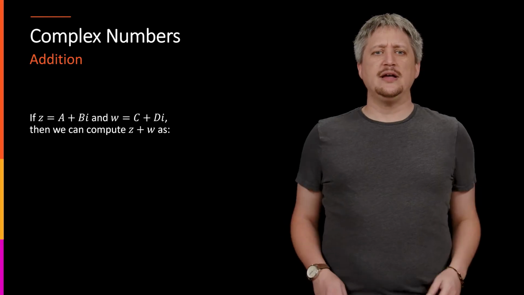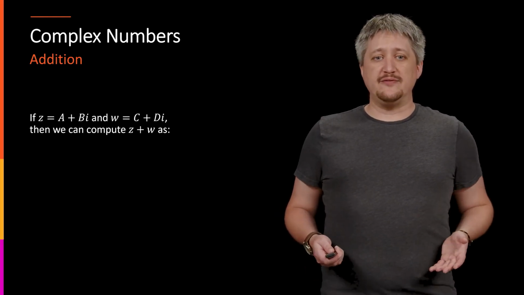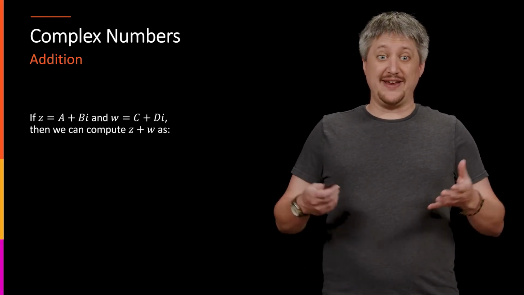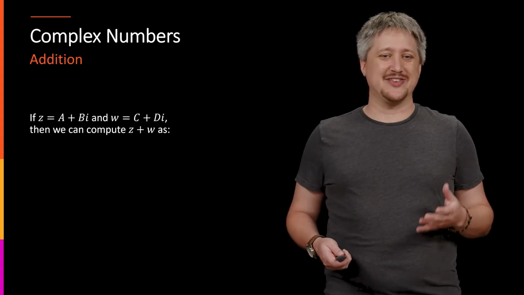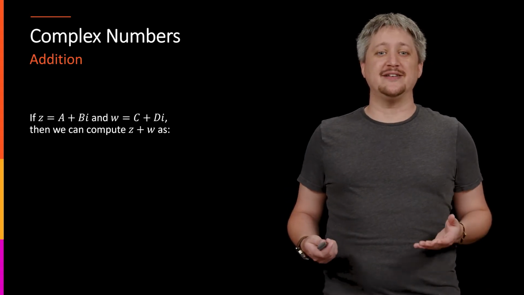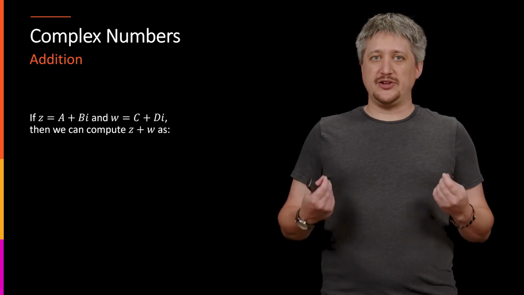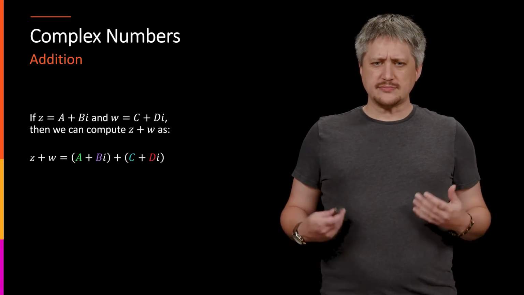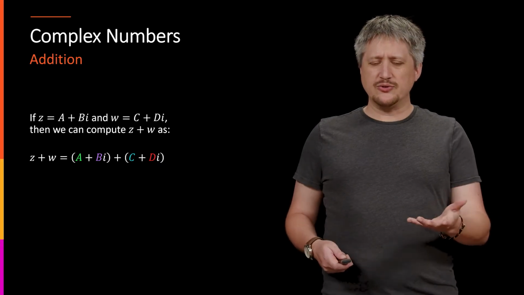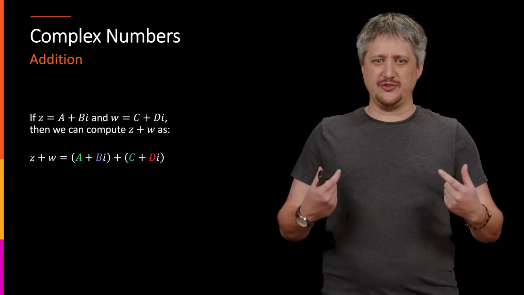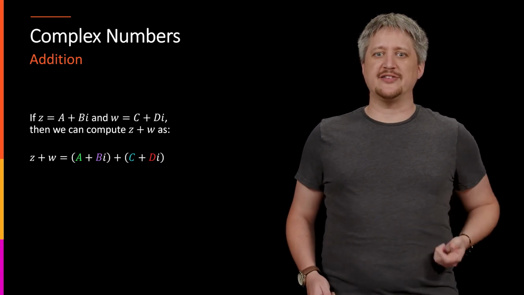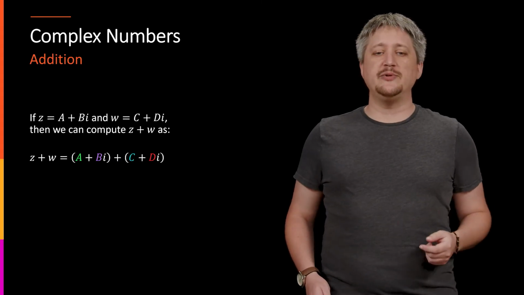All right, so addition. If you have two generic complex numbers, z being a plus bi and w being c plus di, and we want to add them together, we start by just writing it down. You don't technically need parentheses here, but I'm putting them so you can see that the first block is z, the second block is w.